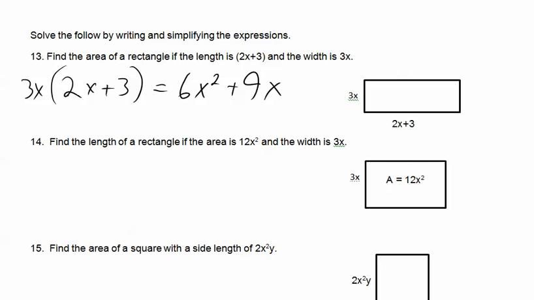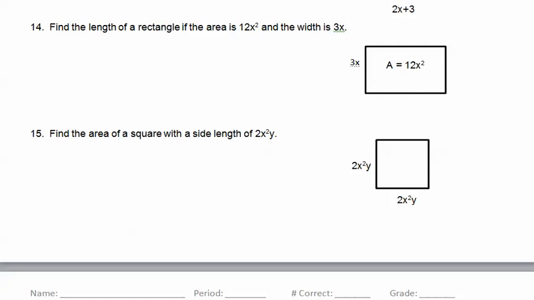Okay? And then this one's going to be a division because we know the area. So the area is 12x squared equals the length times the width, which is 3x. So this is not a 1, this is an L for length.